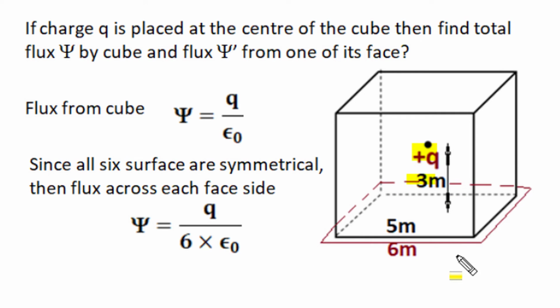If we construct a cube of 6 by 6 by 6 meter dimension, then the total flux through that cube is q upon epsilon, and one face of that cube has q upon 6 epsilon 0 flux. So this 5 by 5 surface area would have flux less than q upon 6 epsilon 0.